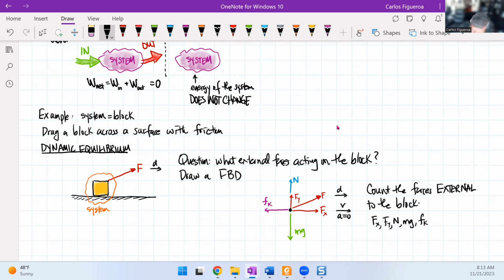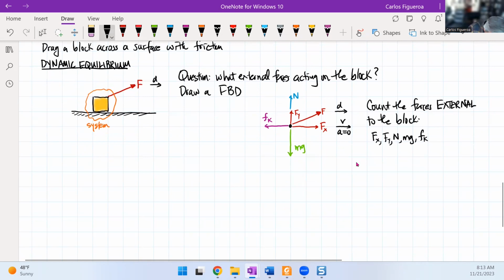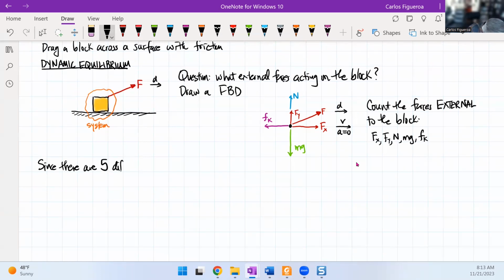In other words, there are 5 different workings that are going on. So from this counting, we could then say that since there are 5 different external forces, there are 5 workings.